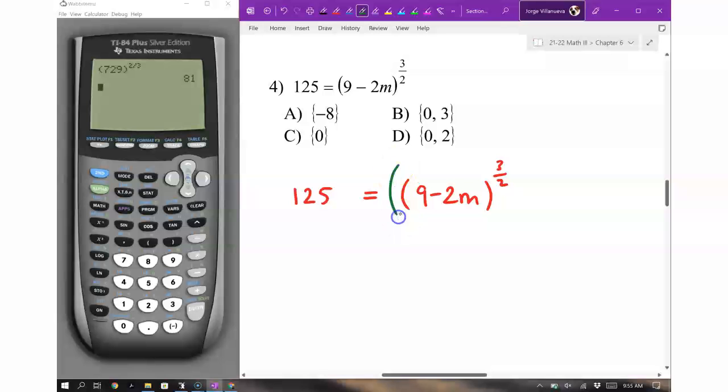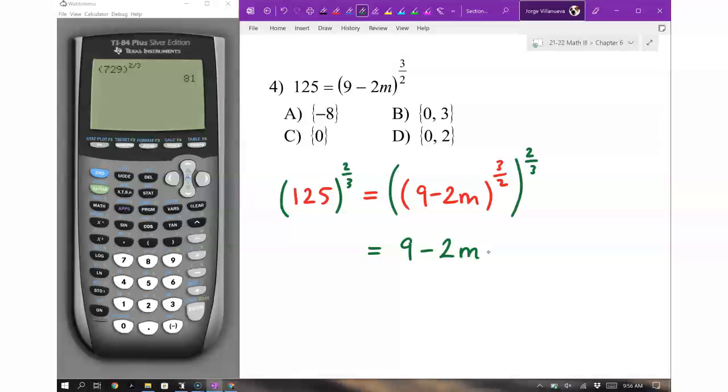What's the reciprocal of 3 over 2? 2 over 3. Now on the right side, I'm just going to have 9 minus 2m left over, because the fractions will cancel, right? 3 halves times 2/3 is 1.